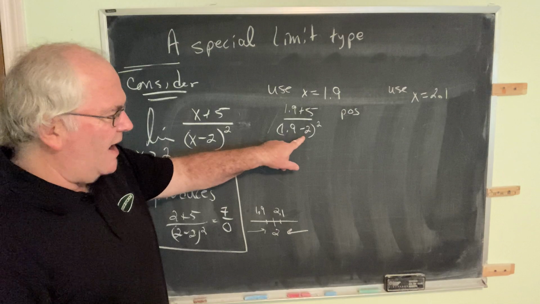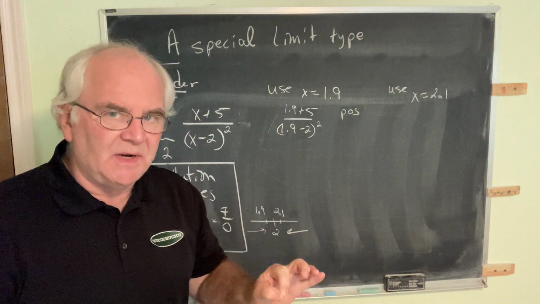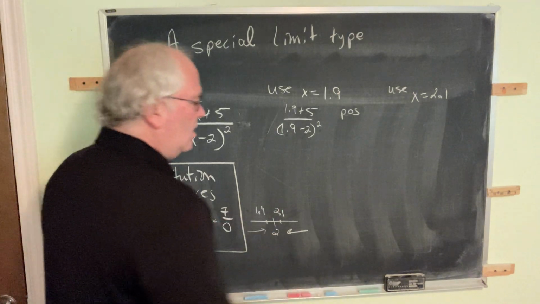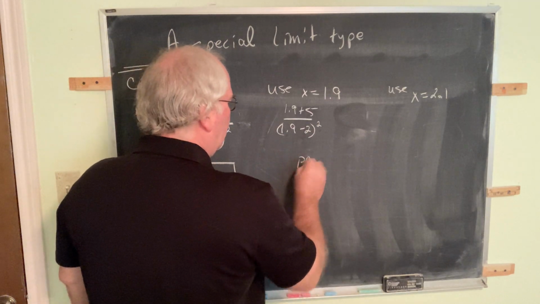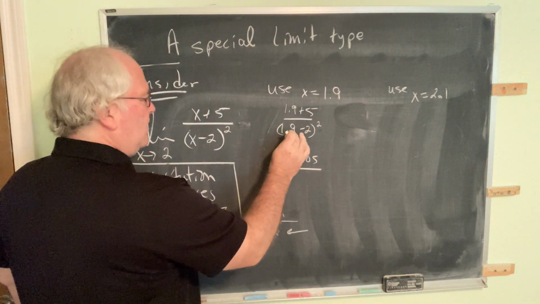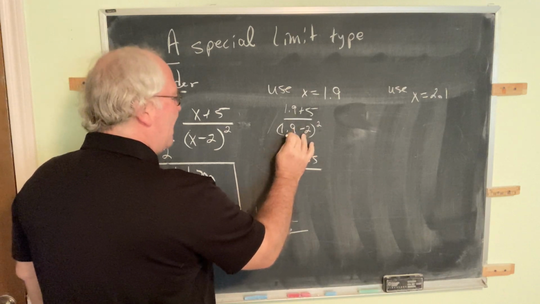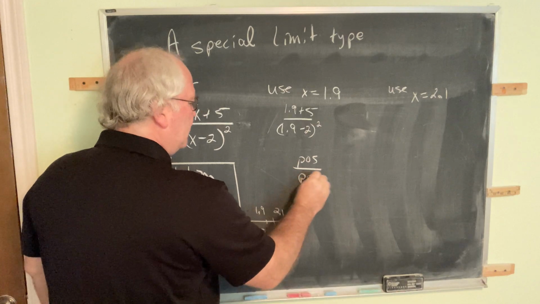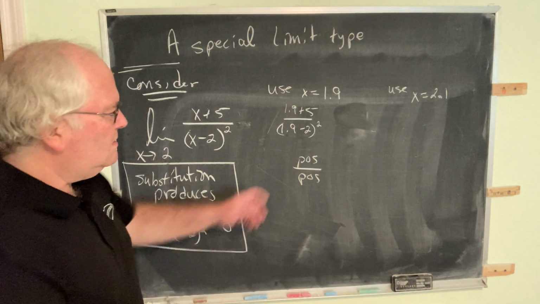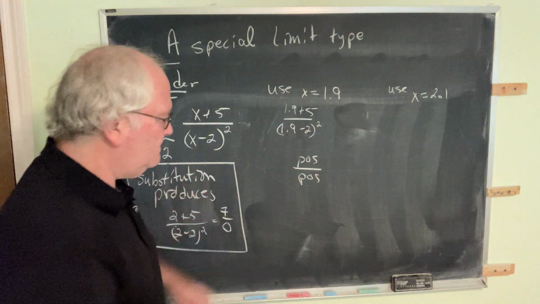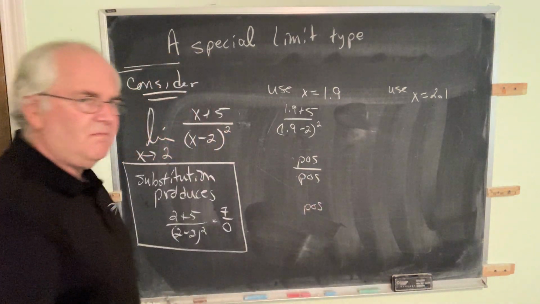Well, 1.9 minus 2 is negative 0.1, but quantity squared, it doesn't matter what the specific number is. All we need to know is when I take this value, 1.9 minus 2, I get negative something. That number squared is positive. All right? Positive divided by positive is positive.